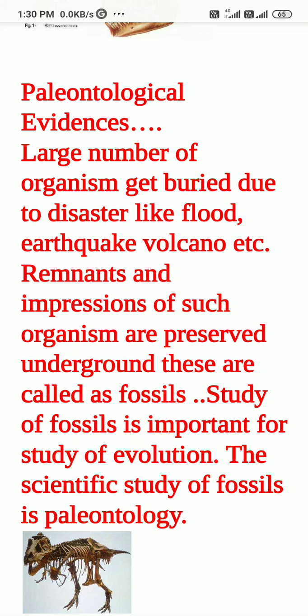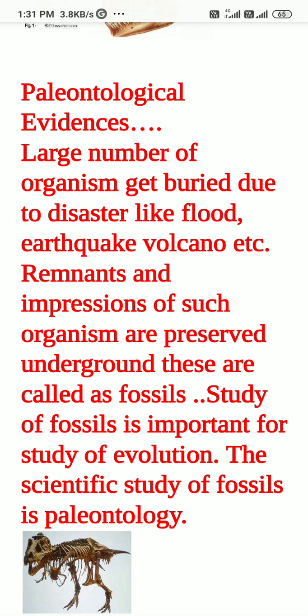These are called fossils. Remnants and impressions of such organisms which are buried below the ground are called fossils. The study of fossils is important for the study of evolution.